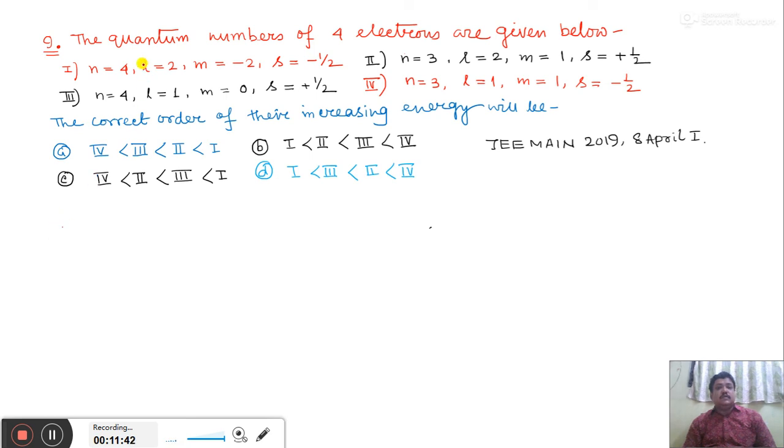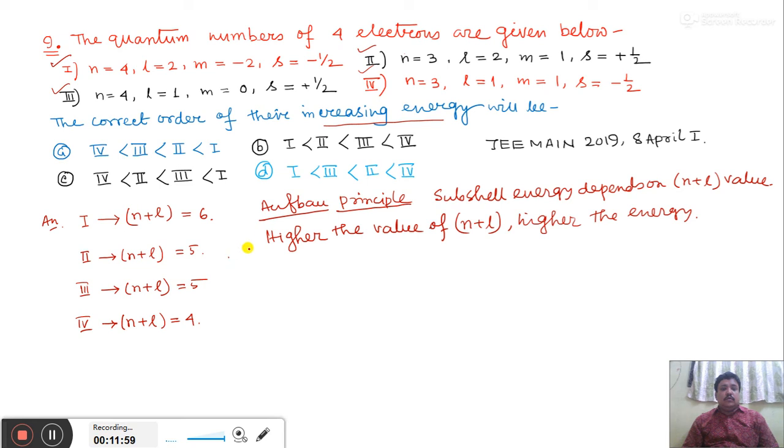Now the next question is: the quantum numbers of 4 electrons are given below. There are 4 sets of quantum numbers; arrange them in order of increasing energy. This question comes in JEE Main 2019 exam. Now we know from the Aufbau principle, the energy of a subshell depends on the value of n + l, where n is the principal quantum number and l is the azimuthal quantum number.